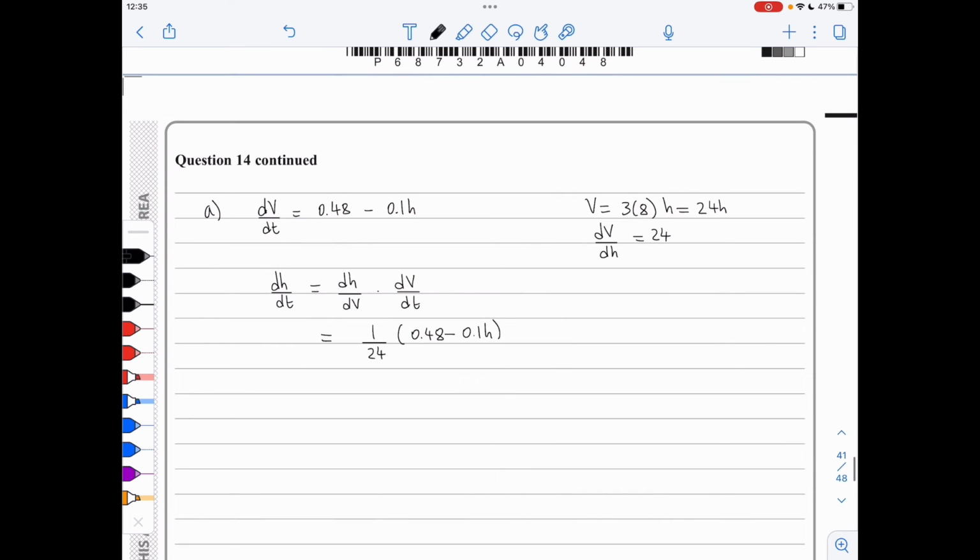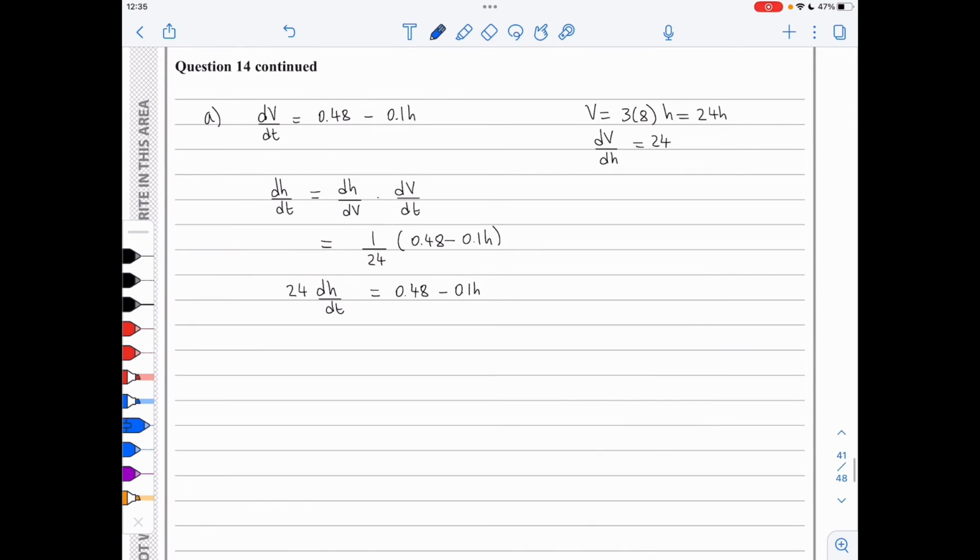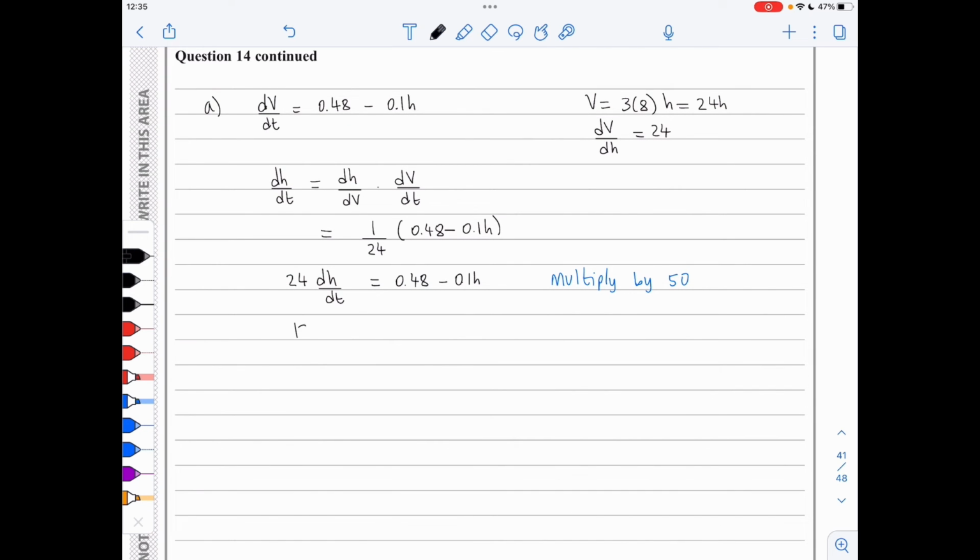I will multiply everything by 24 to get that 24 dh/dt is 0.48 - 0.1h. I will then multiply everything by 50, and we see that we obtain that 1200 dh/dt is equal to 24 - 5h as required.